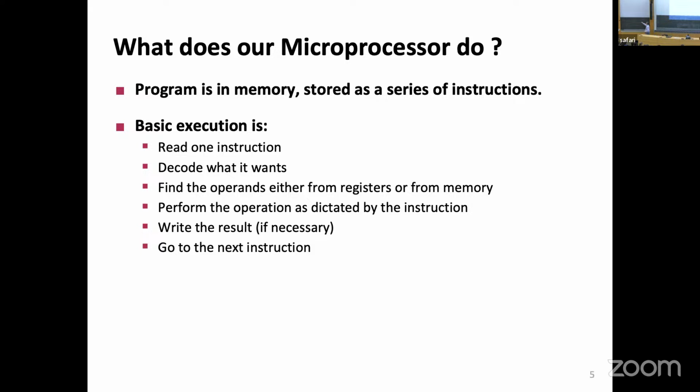I fetched an instruction. I decoded and understood what it was. In this case, it was an R-type instruction. Then I found the operands for my instruction, in this case both from the register file. And now I executed whatever was wanted from me. Whatever was wanted was in this function here. It said add these two things or subtract them, whatever.